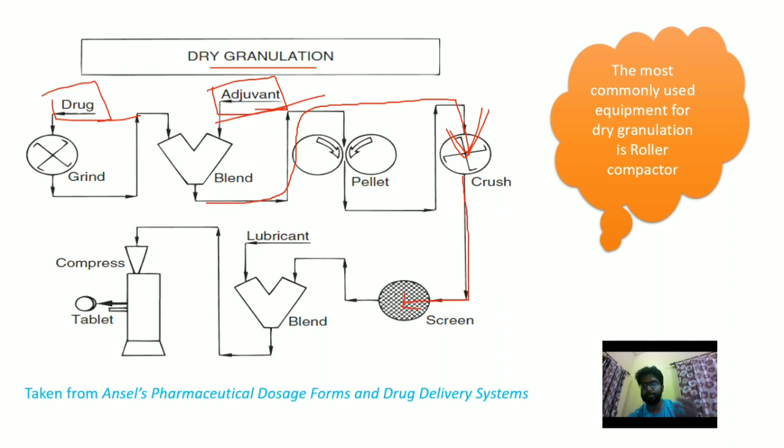Screening means size separation. After that it will be mixed with lubricants, and blending will be there. Blending means mixing, and after that the mixed product will go for compression, and you will get a compressed tablet. One more important point, the most commonly used equipment for dry granulation is the roller compactor. It's a very important piece of information.